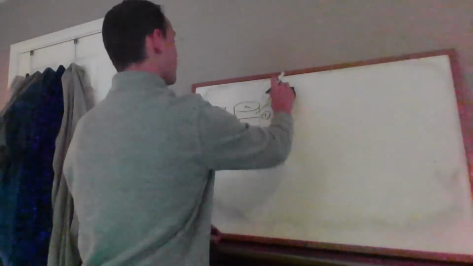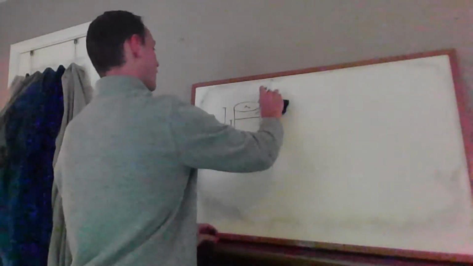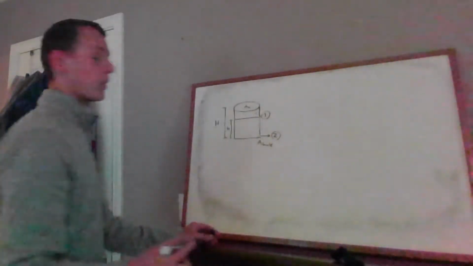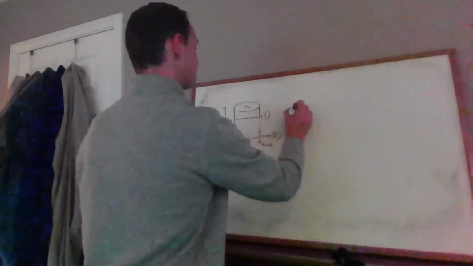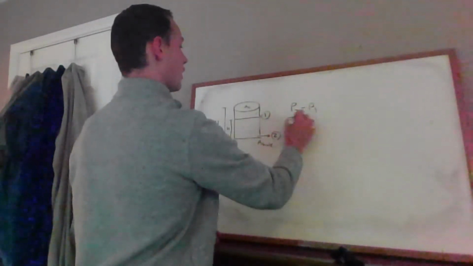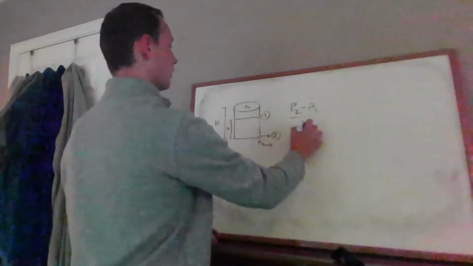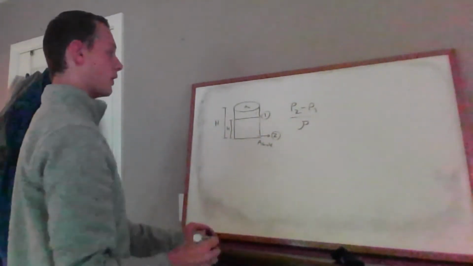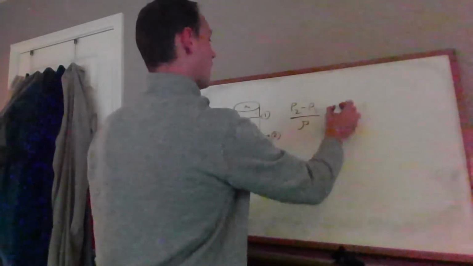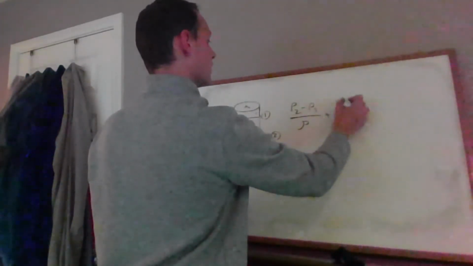So before we move forward, I think it'd be helpful if I actually write out Bernoulli's equation in the form that we're going to use. So we have a pressure change from position 1 to position 2 over the density of our fluid, okay? Then we have a change in kinetic energy.